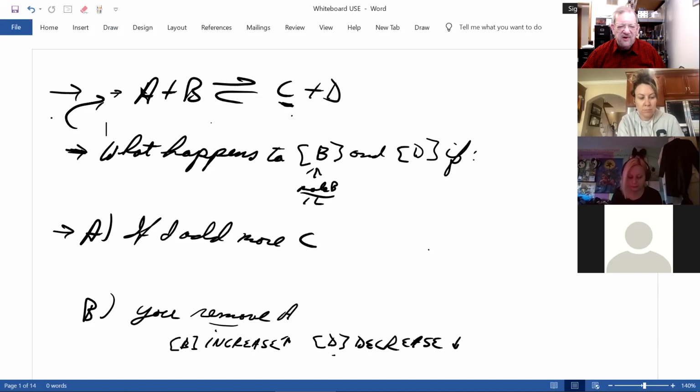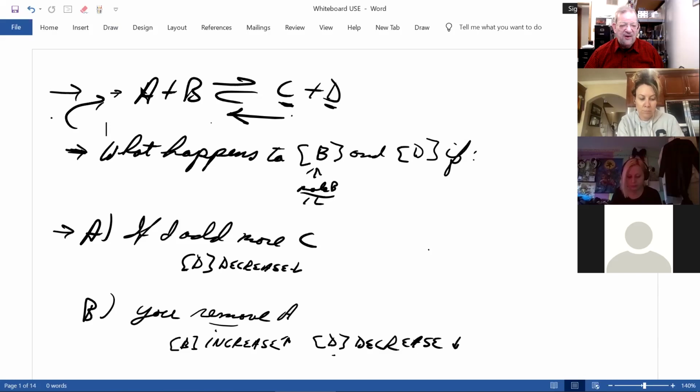So if C plus D react to go that way, what happens to the concentration of D? If you're reacting it with C, it's consumed. When something is consumed, its concentration decreases. Goes down. You could write that too.